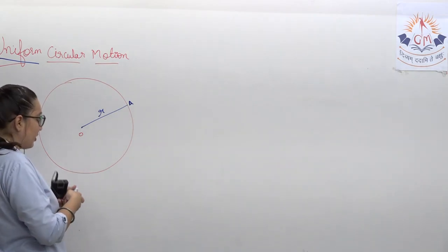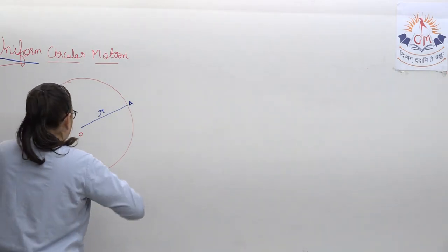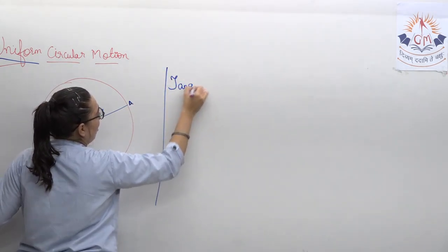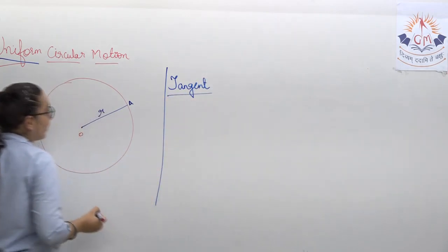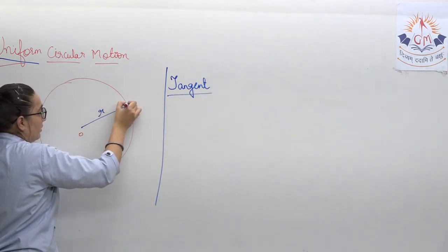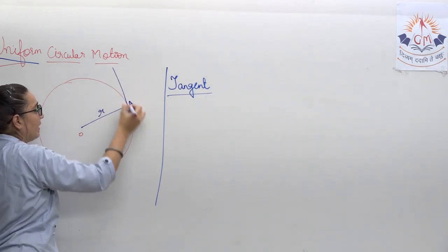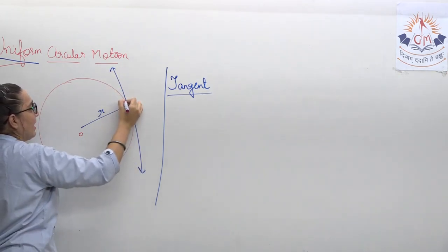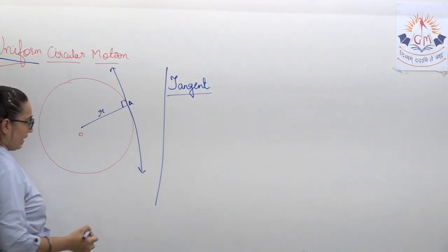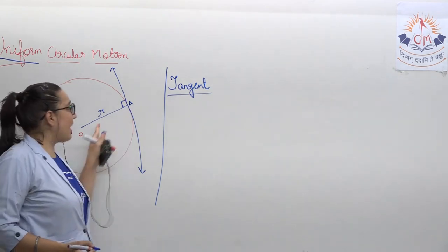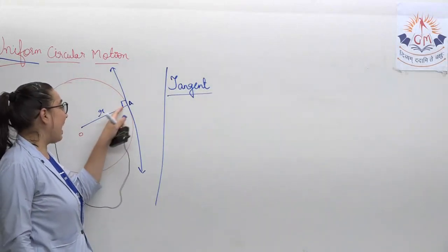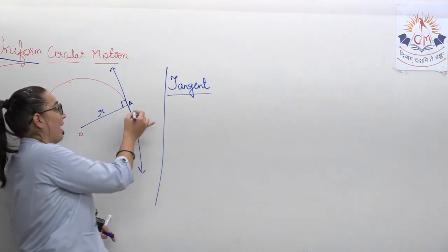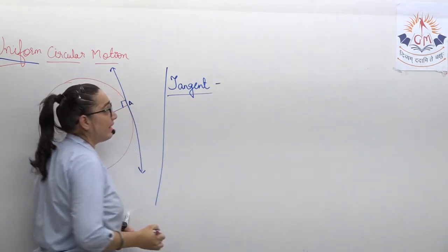Now we are going to understand one particular word, that is tangent. You might not have come across this word. This is one of the lines, and this line is at an angle of 90 degrees with the radius. So every line that is at an angle of 90 degrees with the radius is called a tangent.